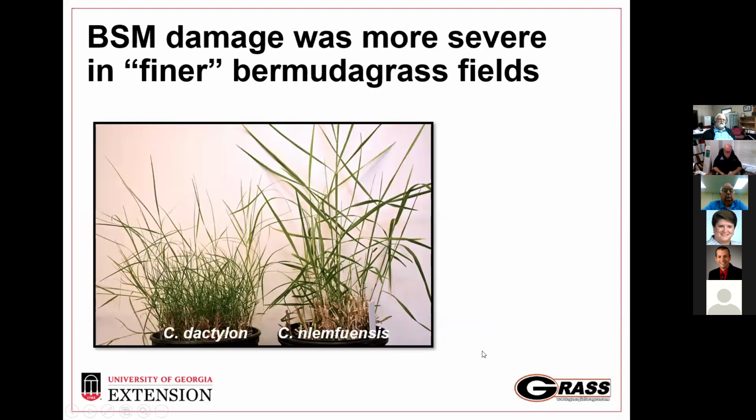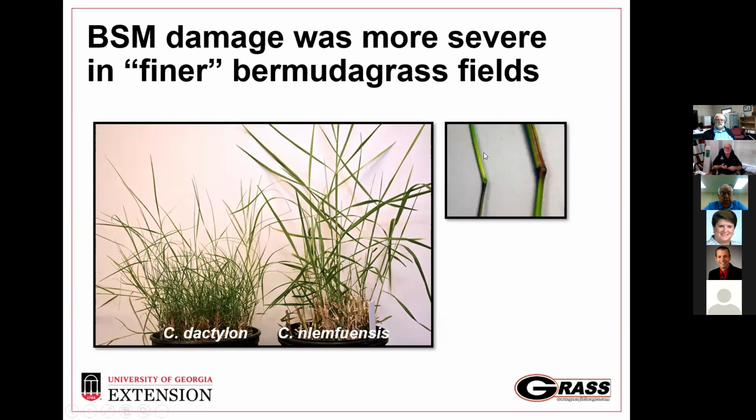So the initial observation also appeared that the damage was greater in fine-stemmed Bermudagrasses. Those that have a narrow stem, such as common Bermudagrass, Alicia, and Russell, are very similar compared to the wider stem varieties such as Tifton 85, also characterized by wider leaves compared to the narrower leaves.